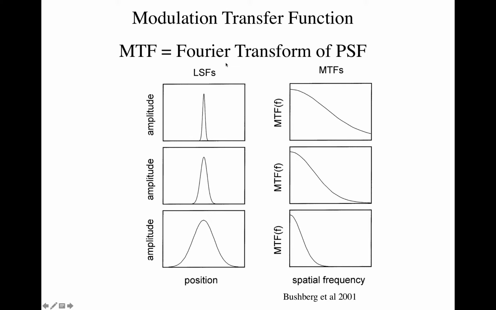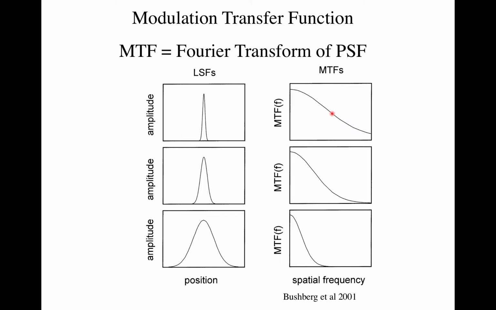And let's just review again. The line spread function, or in 2D, that we saw in the last slide, the point spread function, if it's a thin and narrow line spread, i.e. a high resolution system, in the Fourier domain, the modulation transfer of that looks like this.